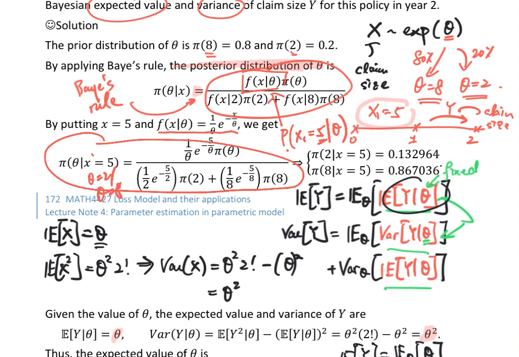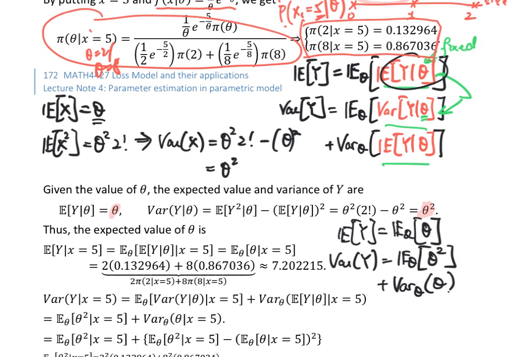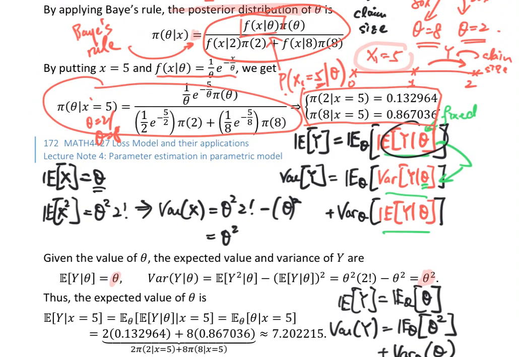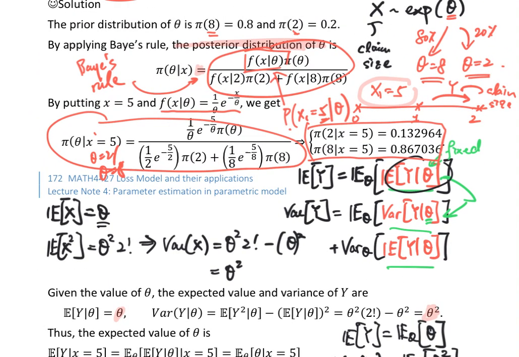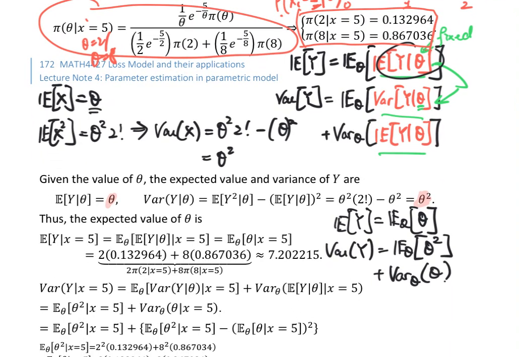By substituting theta equal to 2 and 8, you will get your posterior distribution. Once you have this, you can easily get the expected value of theta and the expected value of theta squared, or the variance of theta.